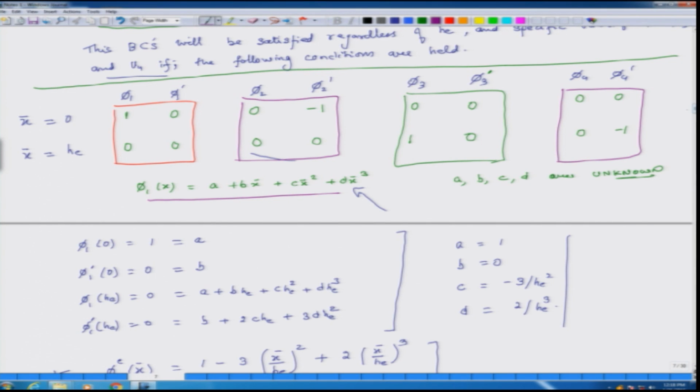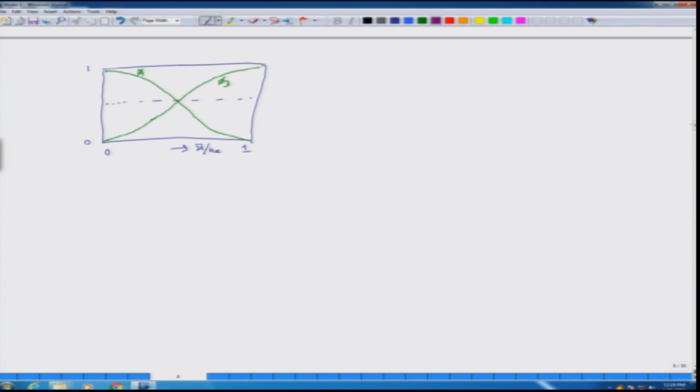The slope of phi 1 at both the ends is 0, and slope of phi 3 is also 0 at both ends. So, if I differentiate these functions and I plot the slopes, they look something like this, and that is phi 3 prime and this is phi 1 prime. So, the contribution of the slopes at the nodes is again 0.